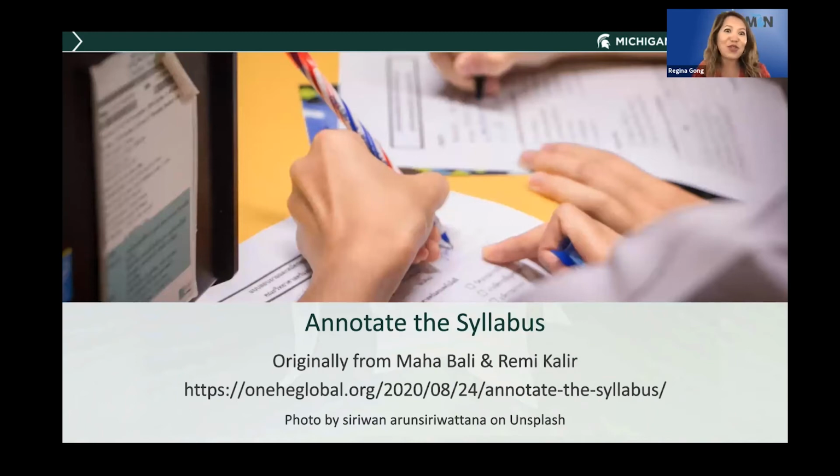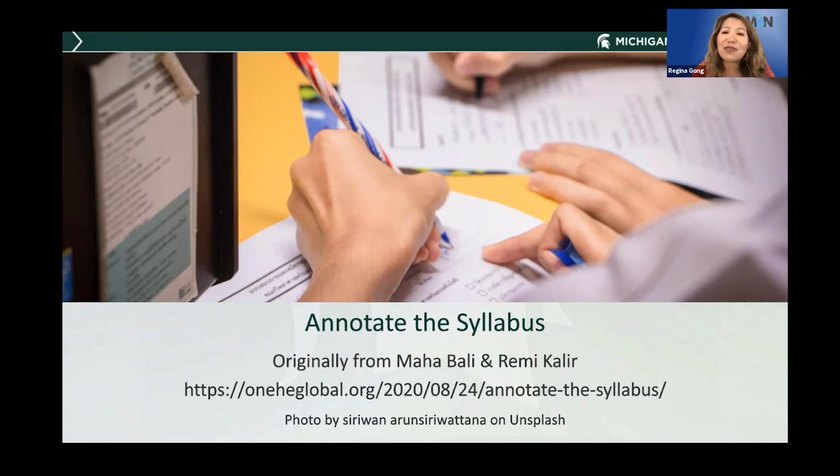This is interesting because in one of the meetings that we had, we asked our participants to share their syllabi with each other. We divided them into breakout rooms, and each one looked at a syllabus of another faculty and then did some annotation and feedback.